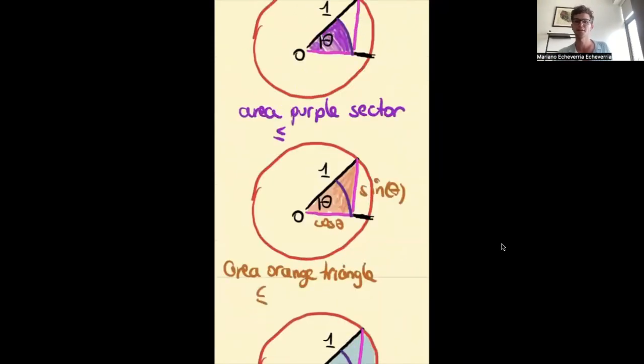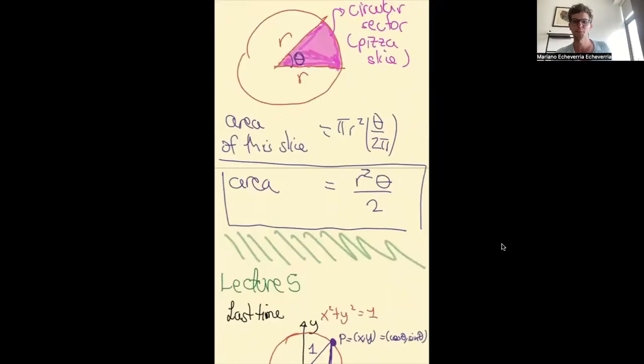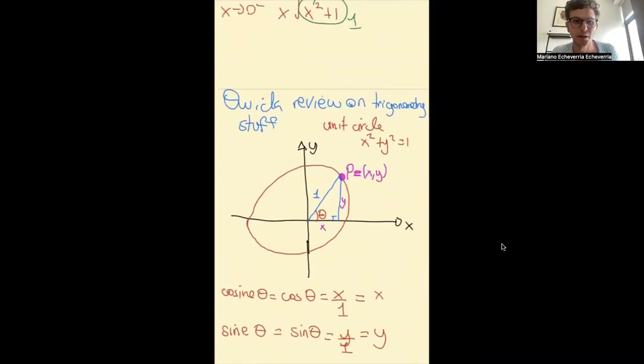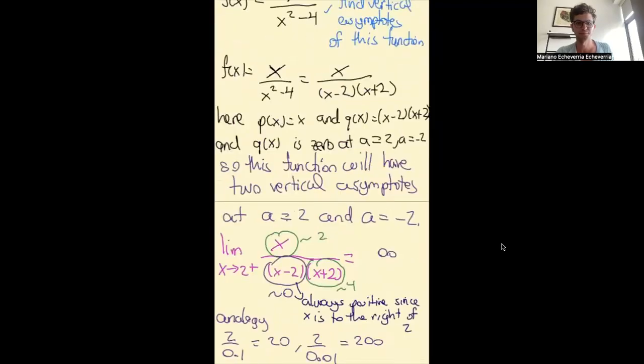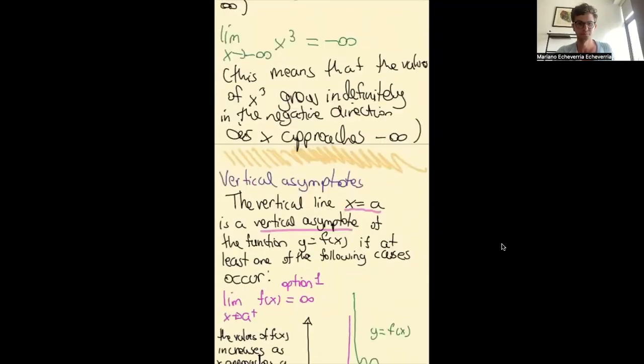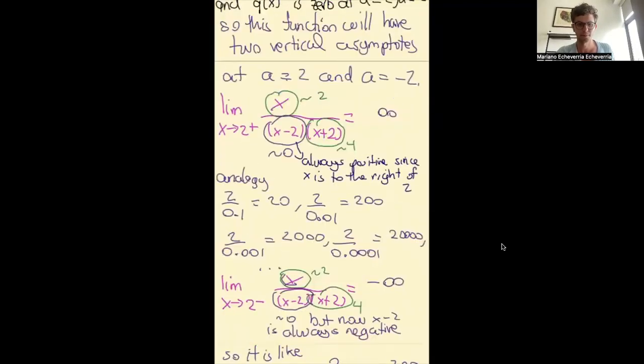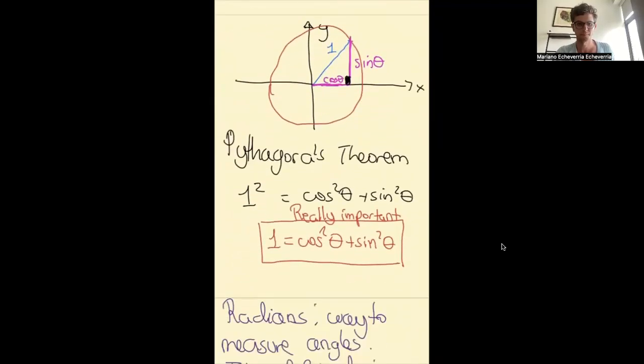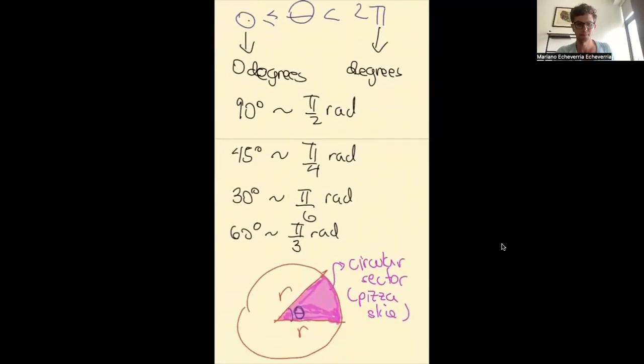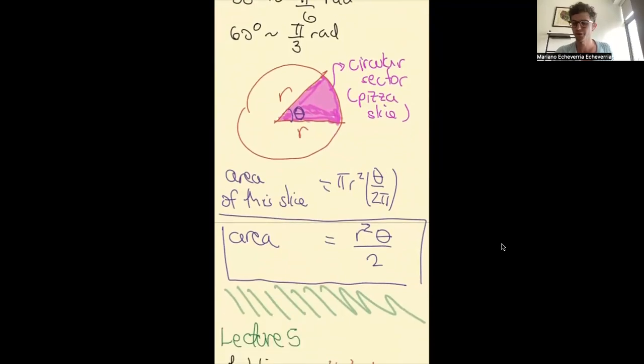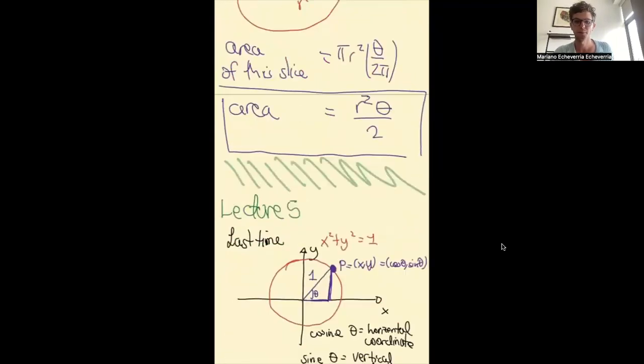So let's scroll back to the past. Yeah, here you go. So the area of a sector was r squared theta over 2. Perfect.